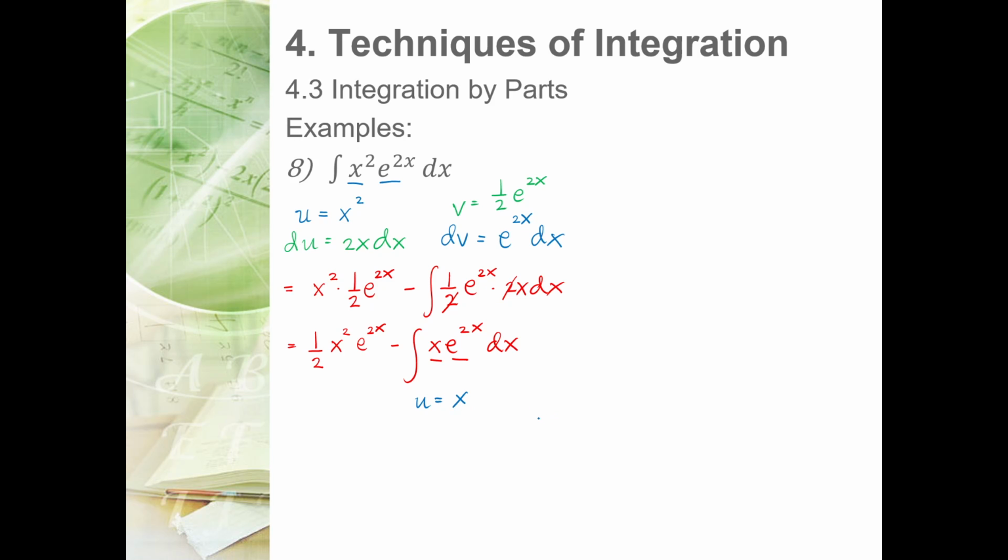To be consistent, let's follow the same steps as above. So e raised to 2x dx. Then v is equal to 1/2 e raised to 2x, and our du is equal to dx.